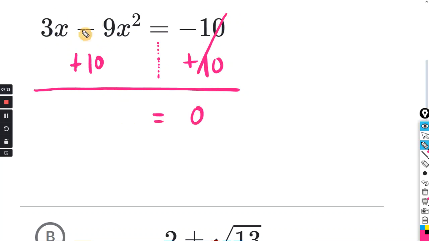Write these in order of decreasing exponents. Largest first, negative 9x squared. Positive 3x. And positive 10.